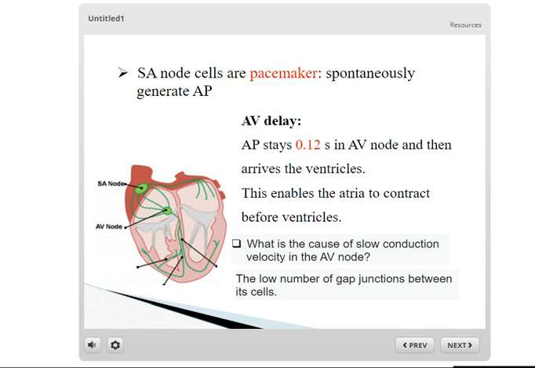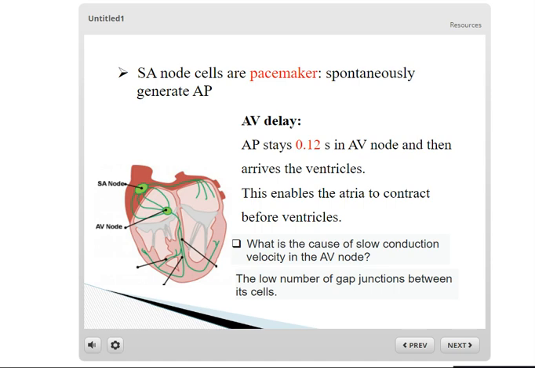The AV or atrioventricular delay is an important aspect of the cardiac conduction system, which enables the coordinated contraction of the atria and ventricle. The action potential stays in the AV node for approximately 0.12 seconds before reaching the ventricular.